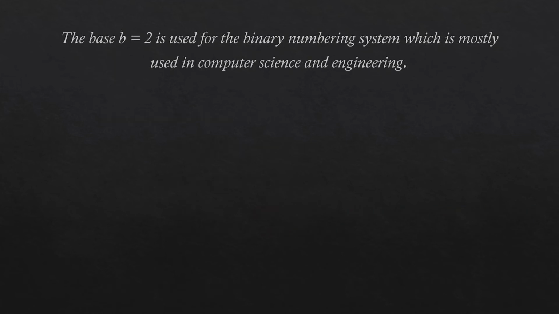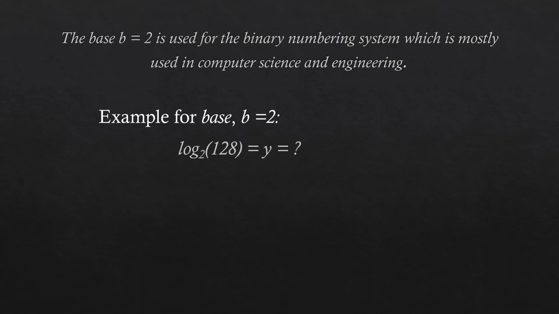The base b equal to 2 is used for the binary numbering system, which is mostly used in computer science and engineering. For example, for base b equal to 2, we can split 128 like this.